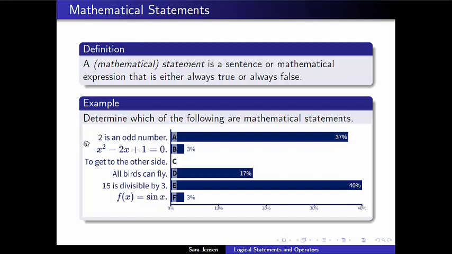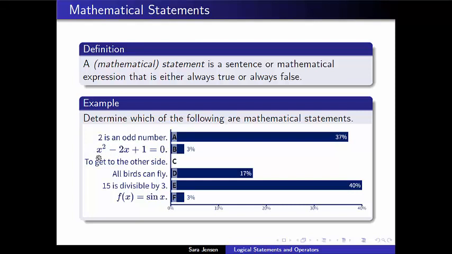Now I actually think that these mathematical expressions, x squared minus 2x plus 1 equals 0, and f of x is equal to sine of x, have the next strongest support in that most people feel that they are not mathematical statements. This is an example of something that is sometimes true. If x is equal to 1, 1 minus 2 plus 1 will be equal to 0, and this expression holds true.